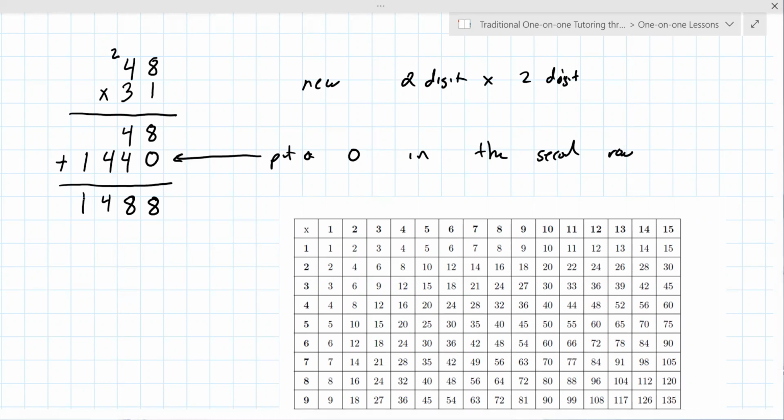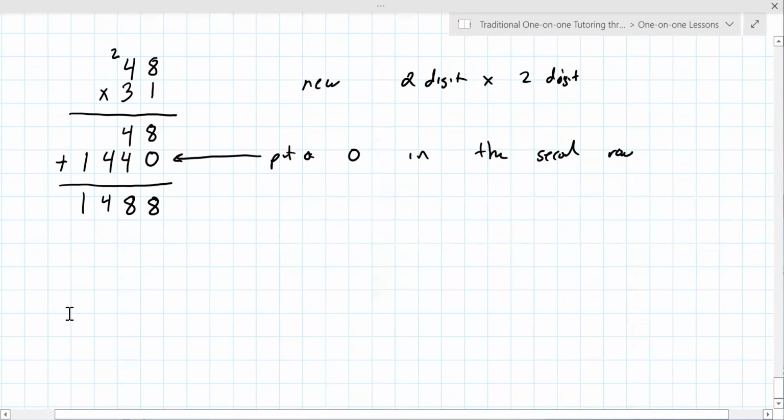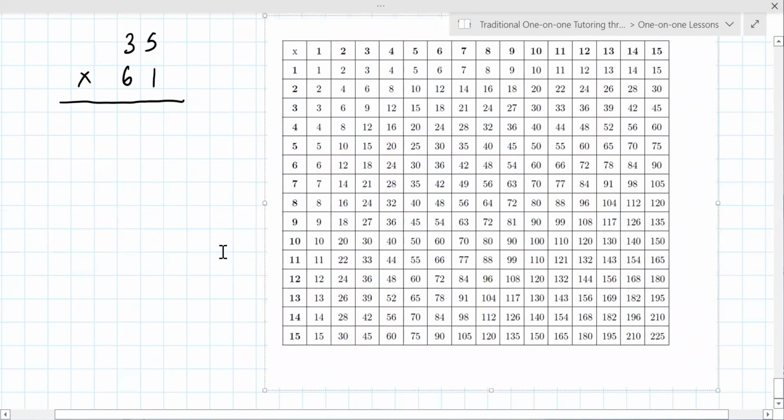Okay, so we've got time for one more, okay? So we're going to do 61 times 35. This is our new problem here. Let me snip in the table. Okay, so you start with the lower right number and you multiply each of the numbers above it.